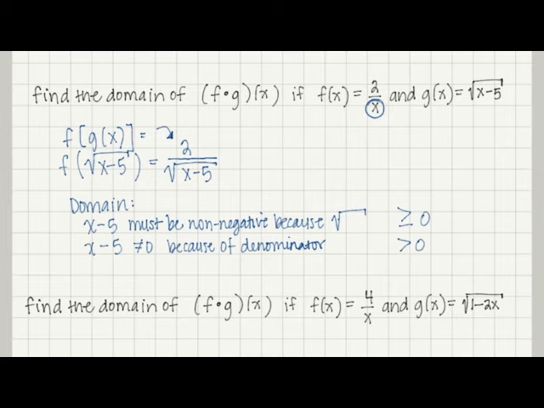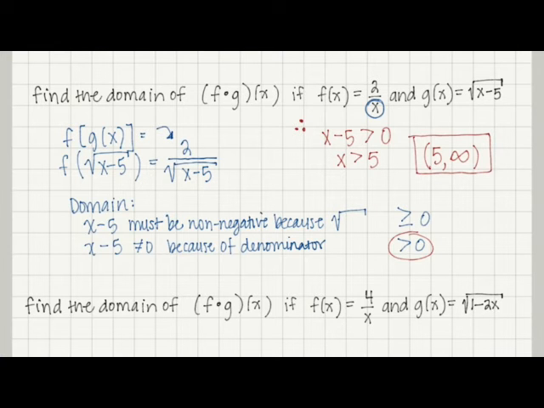So therefore, I'll write this in red, x minus 5 has to be greater than 0. So we add 5 to both sides, x is greater than 5, and in interval notation, we have 5 to infinity, written with open intervals, and that's our answer.